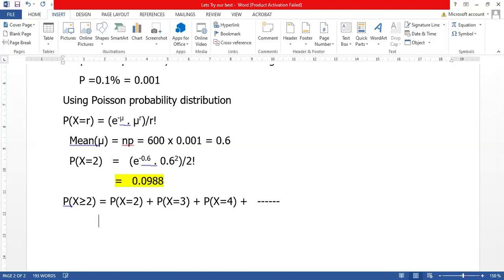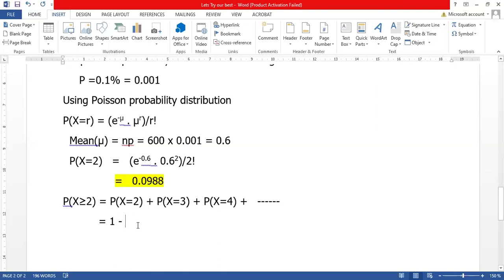You know that the total probability is always 1. So you get 1 minus the figures that are below 2, because here you already have 2. So you need figures that are below 2.